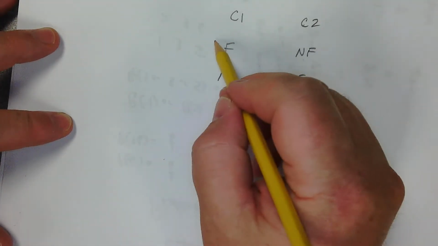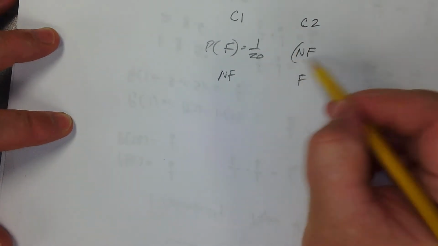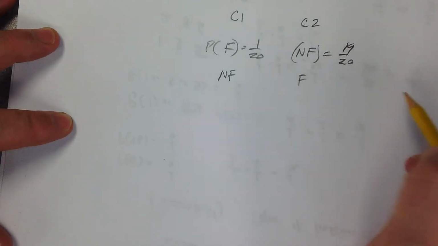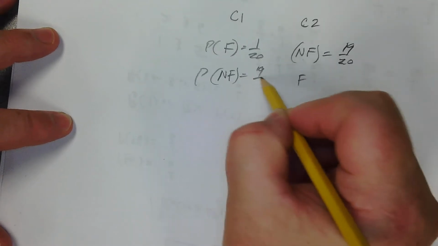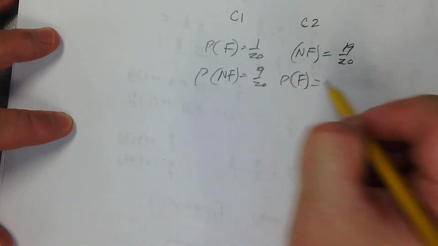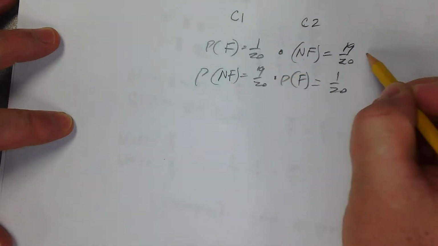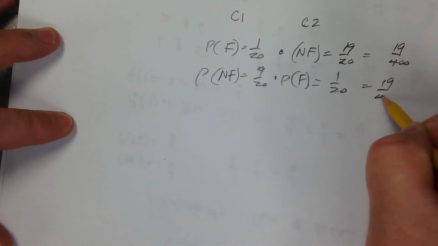This one right here, the probability that this one is faulty is 1 out of 20. The probability that this is not faulty is 19 out of 20. Do you see? And then this one, the probability of that is 19 out of 20. The probability that it is faulty is 1 out of 20. So we're going to multiply these together. This is 19 out of 400, and this is 19 out of 400.